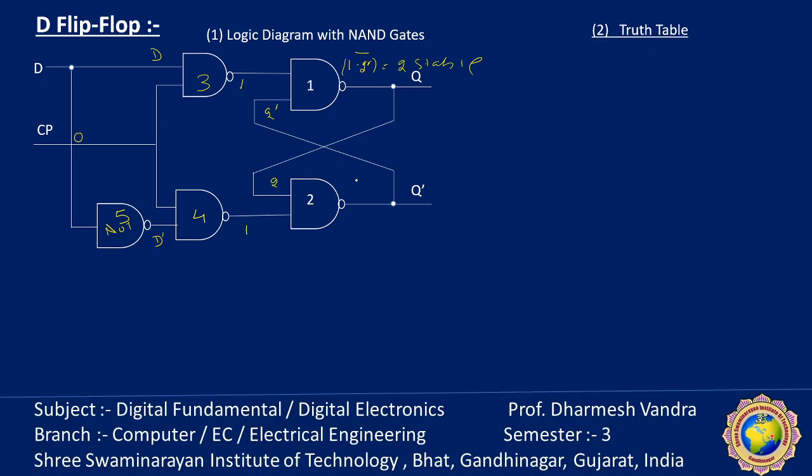While here it is 1 dot Q whole dash, and this will become Q dash. So Q dash is also stable. So if the clock pulse is 0, the output is stable and does not change.